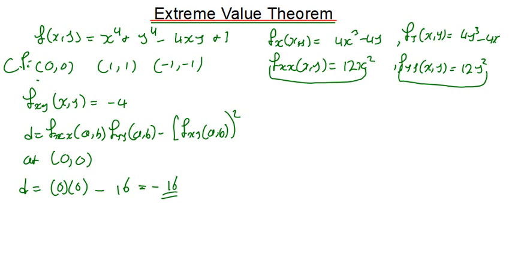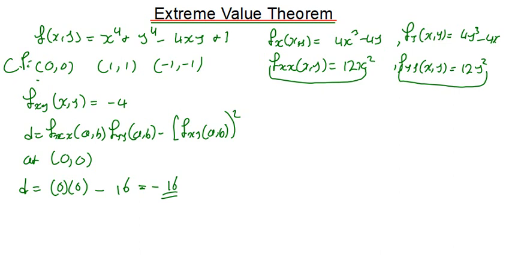So now the thing is, do we have a relative min or a relative max, or do we have saddle points? We have found that the discriminant is less than 0, but for us to conclude, we have to know what the value of this is, because that's how we determine whether it's a minimum or a maximum or a saddle point.